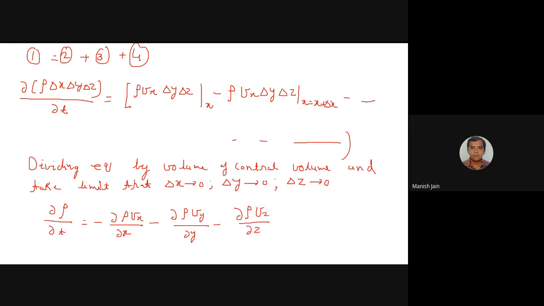Okay, now you can take this on one side, and if you write in the vector and tensor form, the equation will become del rho by del t plus del dot rho v equal to 0.